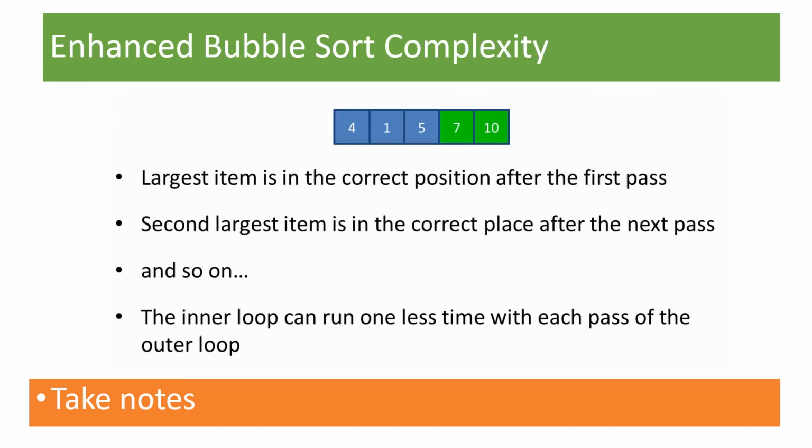So for those of you who are aware of an enhanced bubble sort, you'll know that the largest item is in the correct position after the first pass. So you can see in this instance 10 is always going to be in the last position after the first pass. After the second pass, the second largest item will be the second to last item in the array, and so on.